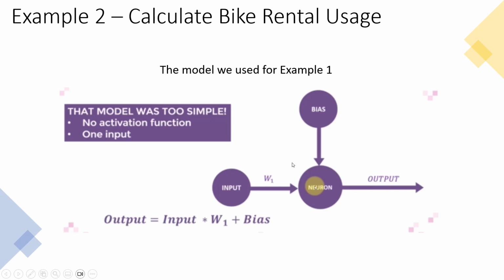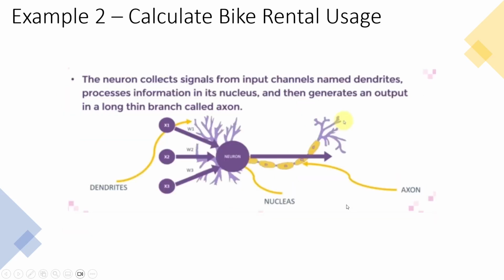So that was the neural network we created for our Celsius to Fahrenheit ultra simple neural network problem. The neuron collects signals from the input channels. Just to summarize: these are dendrites, this is where we put the input.